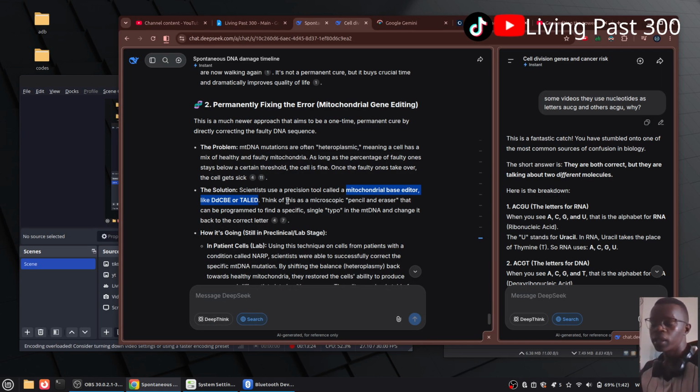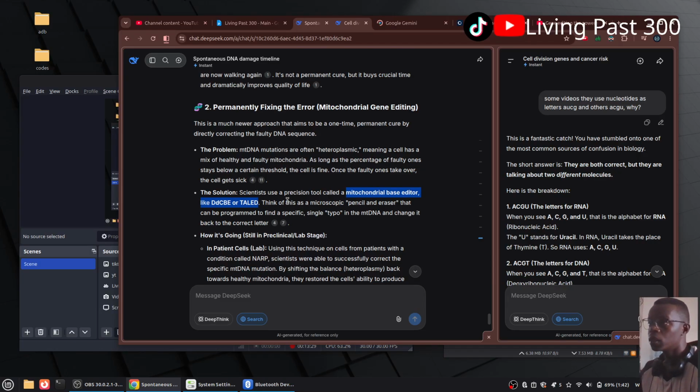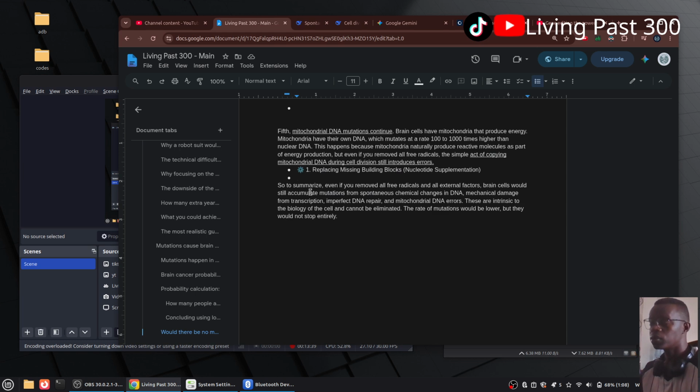But basically, without going very deep, we use this mitochondrial gene editing to fix a typo. Like if there was a T and we need a C, it goes there and fixes this.